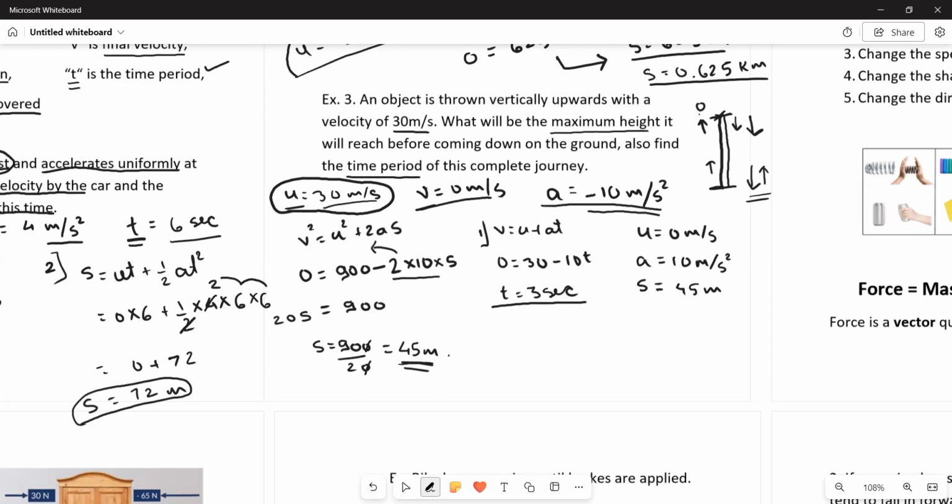Now again using the third equation of motion, v square equals to u square plus 2as. So from here we will calculate the final velocity. v square will be u is our 0 plus 2 times our a is 10, and our s is equals to 45.